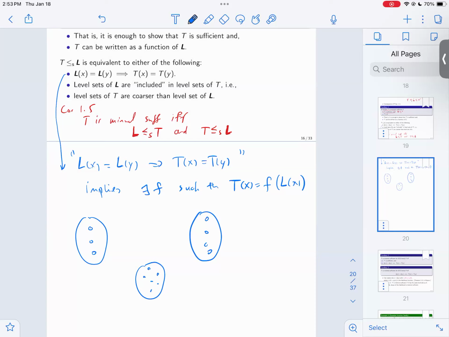So imagine this is X, and these T and L can have different domains.